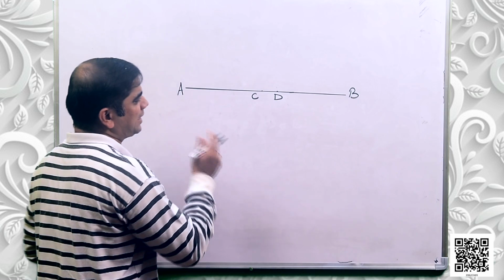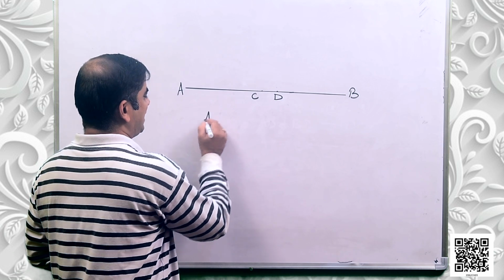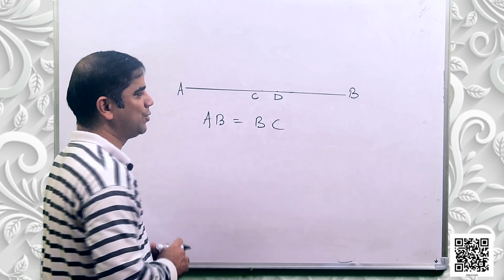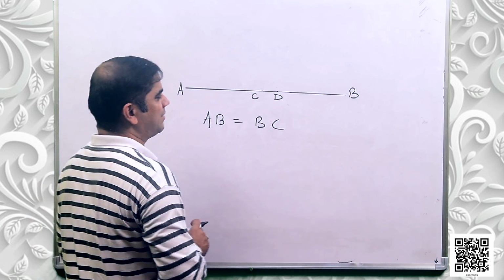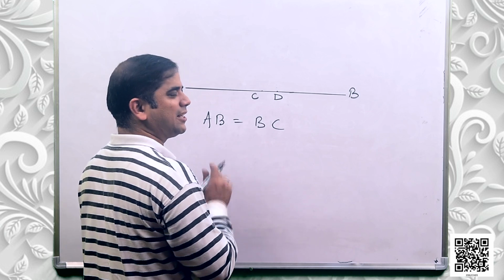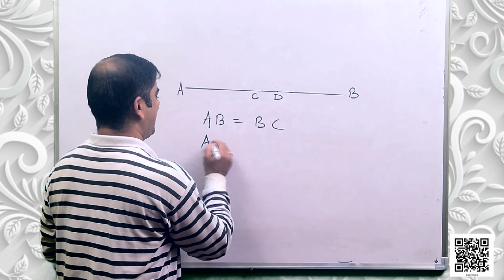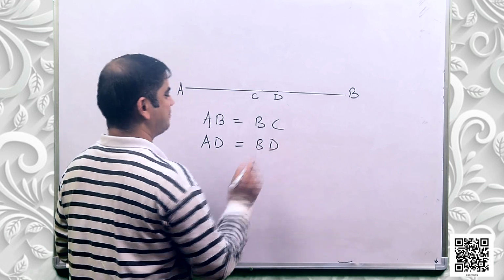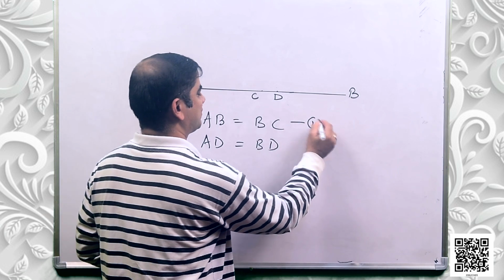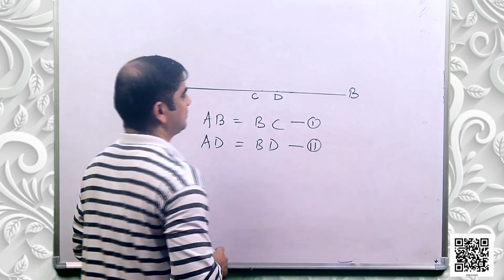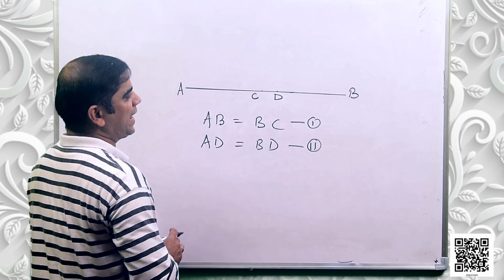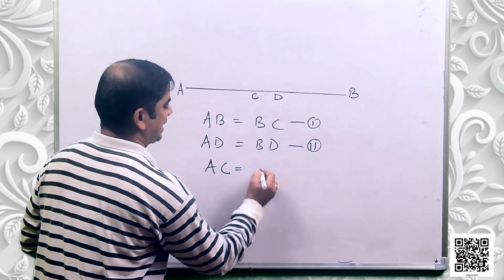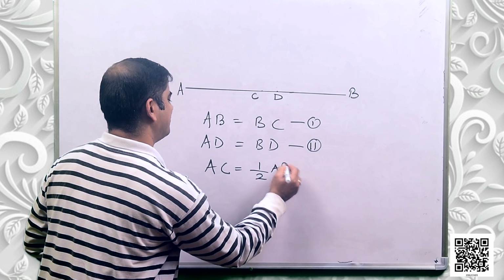As per the given data, AC is equal to BC. C is the midpoint and D is another midpoint. That means AD is equal to BD. This is 1 and this is 2. So, if I take AC, that means it is half AB.